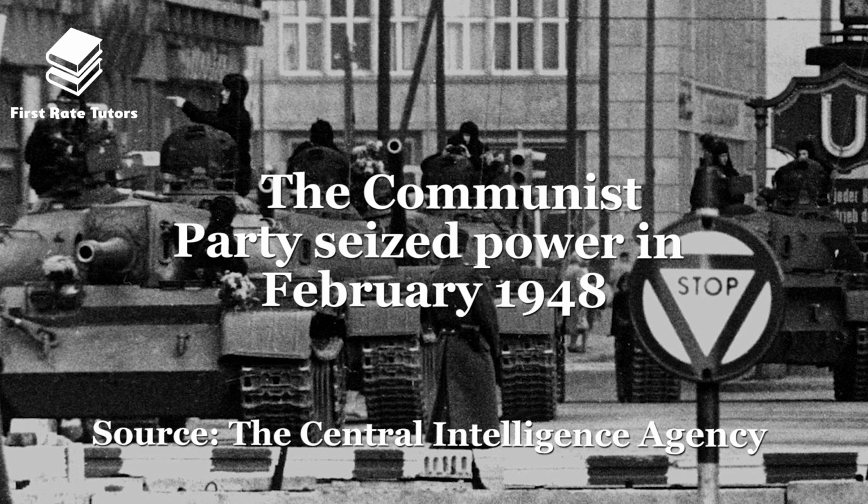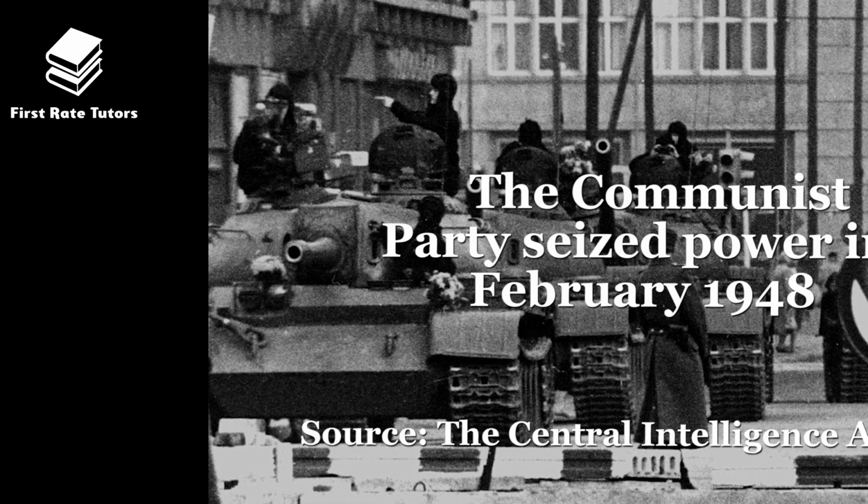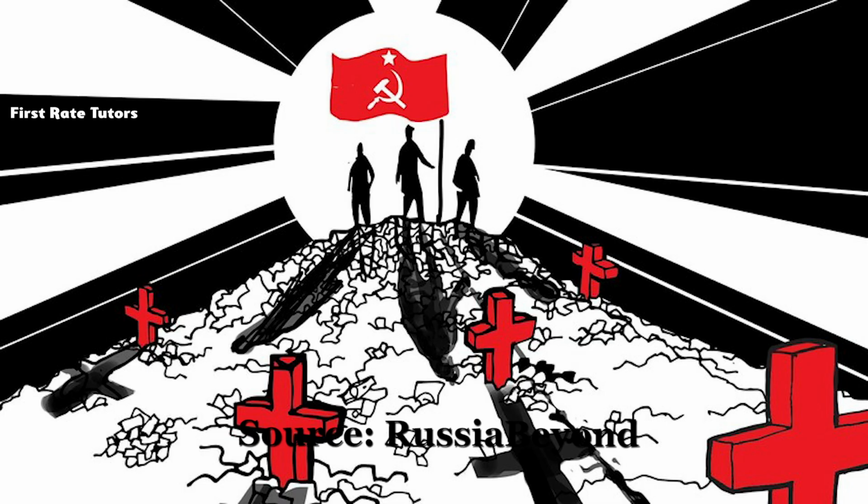For a while, it seemed that Czechoslovakia might remain democratic, but when the Communist Party seemed likely to lose ground in their election, it seized power in February 1948. The exception to Soviet domination was Yugoslavia, which had freed itself from the Germans without the Red Army.